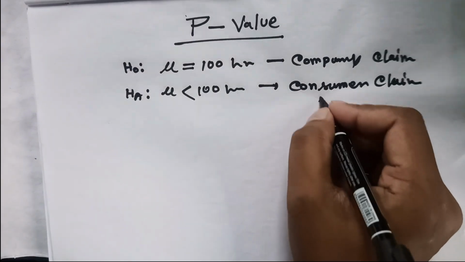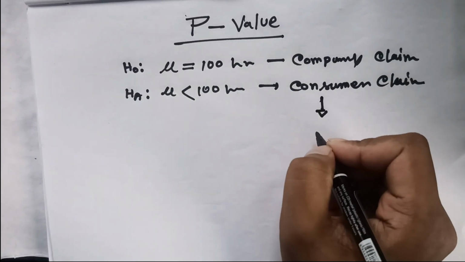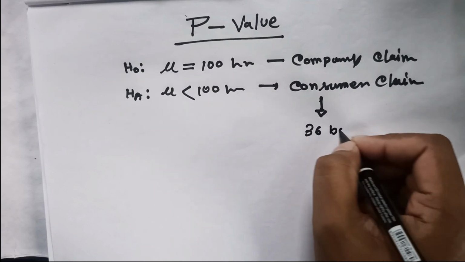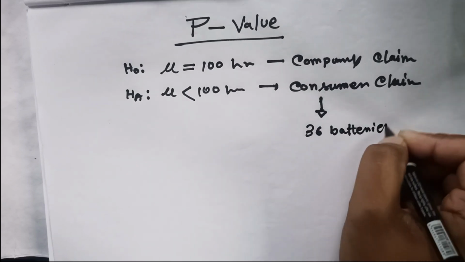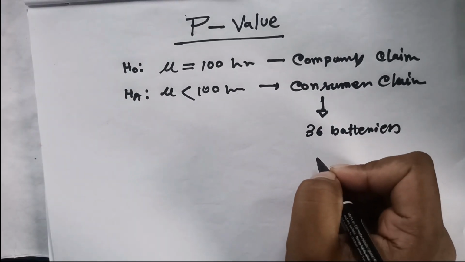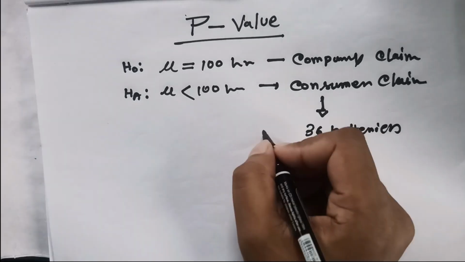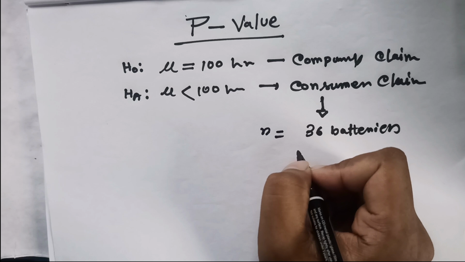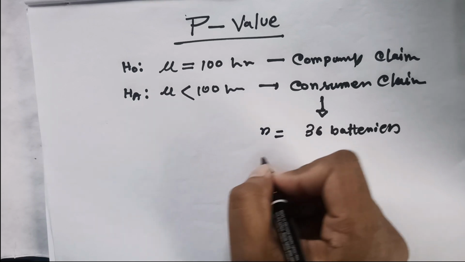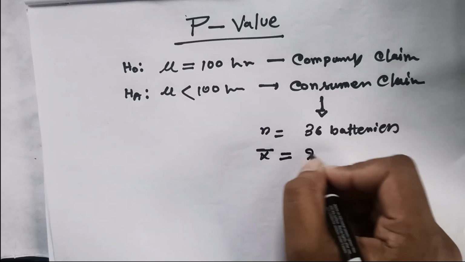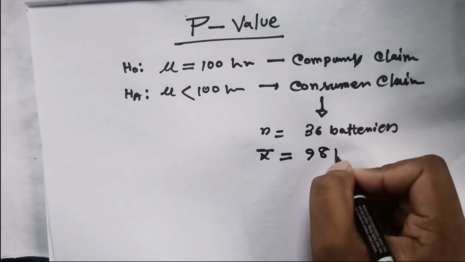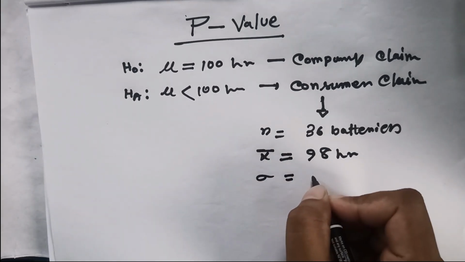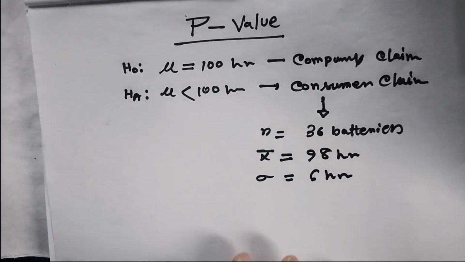So the consumer group collects samples. They select 36 batteries. So they took a sample of size n equal to 36 batteries, and they got a sample mean of 98 hours and a standard deviation of 6 hours.